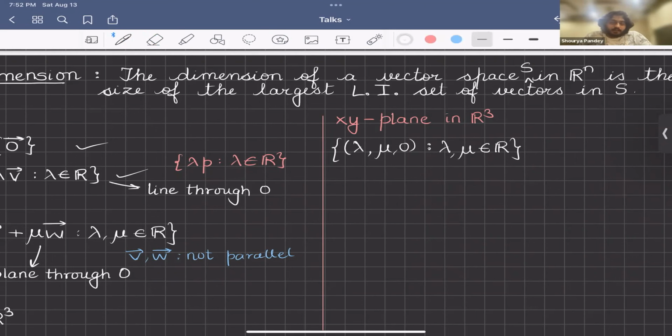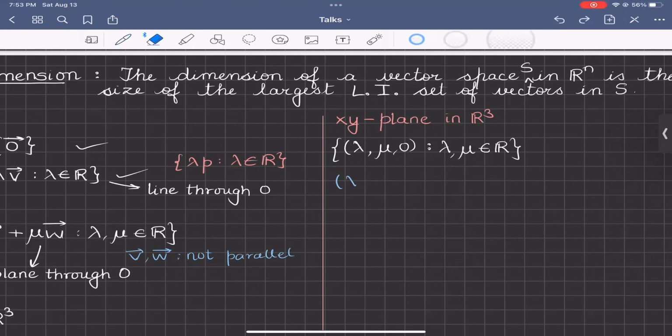We can definitely take one vector, just 1, 0, 0. But we can also take 1, 0, 0 and 0, 1, 0. These are also linearly independent. But can we take three vectors that are linearly independent here? Can we show that it's not possible? Because there will be 3 variables and only 2 equations.